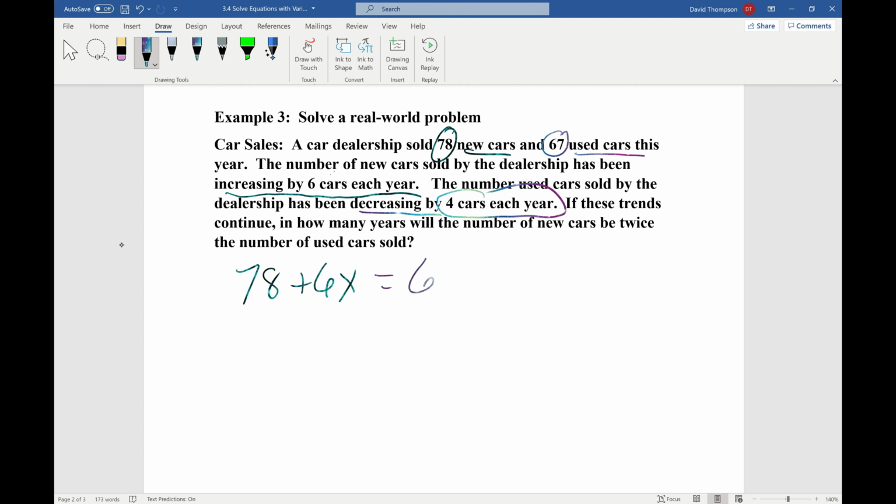So it's going to be 67 minus 4x. The other clue is it's asking us, in how many years will the number of new cars sold be twice the number of used cars sold? So we have to multiply the used cars by 2. This side is my new, this side is my used.